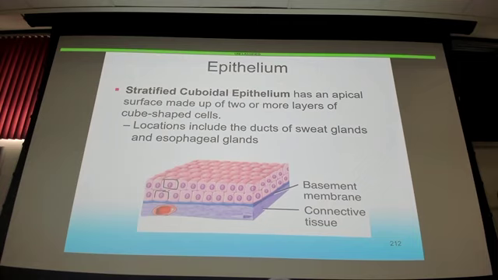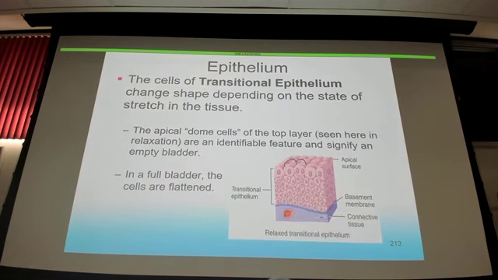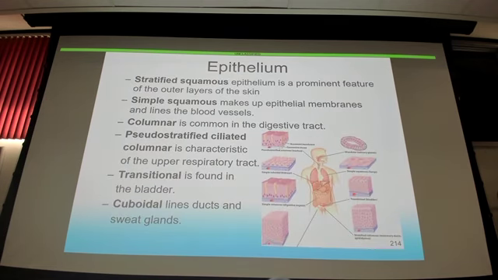It would still be a little bit domed. So it doesn't make a good question to point at a cuboidal looking cell and ask, is that transitional, because they all look the same to me. They all look domed. But it's just knowing the definition of where you find these, and that's where this comes in.